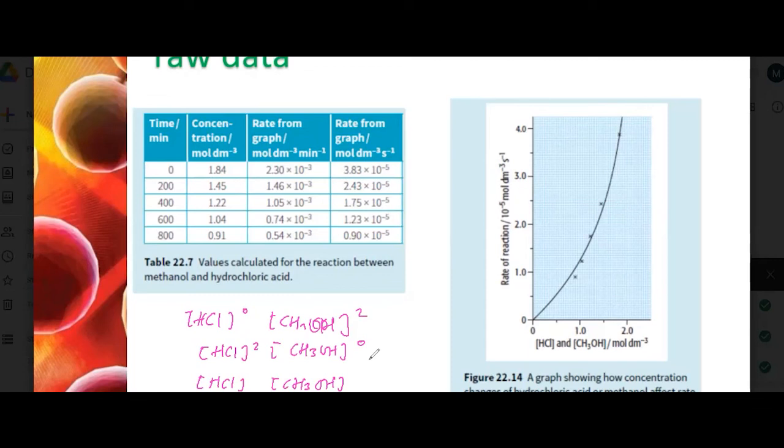If we want to confirm which possibility is the correct one, we should find the order for each reactant using the experimental data. For the second order, it could be 0 for the first reactant and 2 for the other reactant, or the opposite, or 1 and 1.